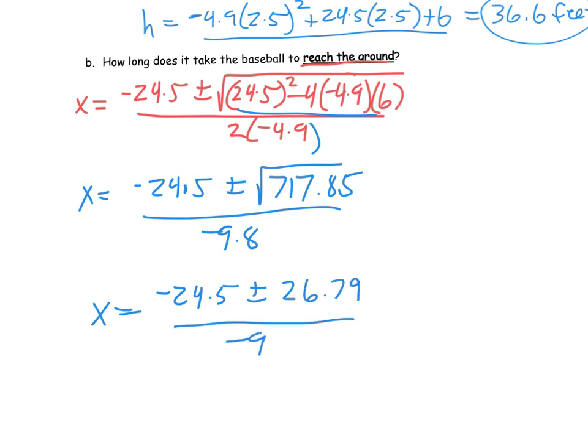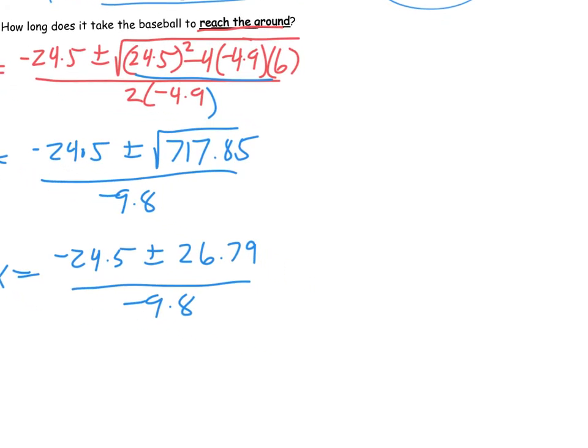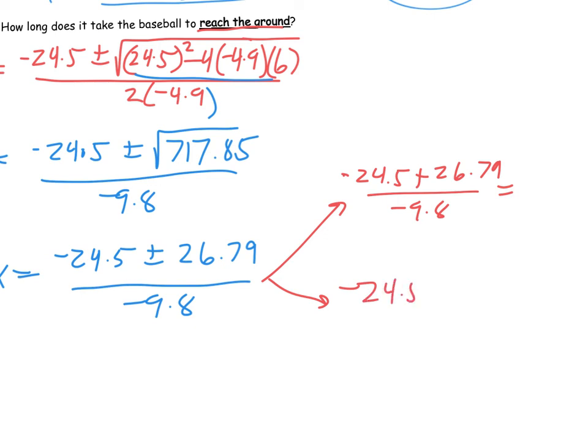all over negative 9.8. And here's where we split it up into the two equations. Negative 24.5 plus 26.79 over negative 9.8. And negative 24.5 minus 26.79 over negative 9.8.